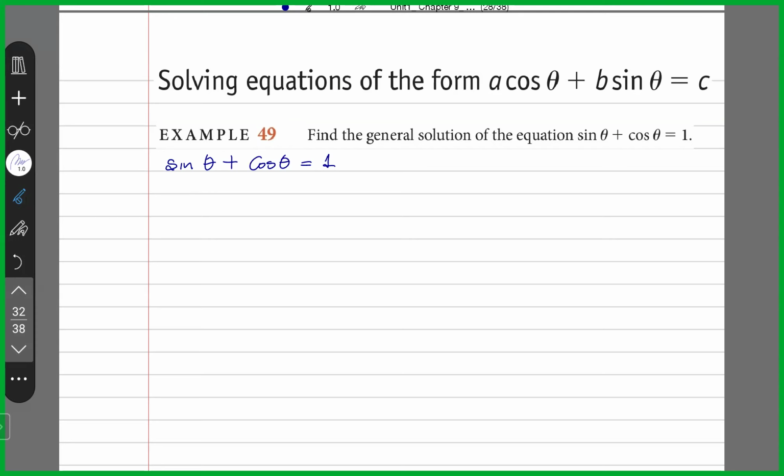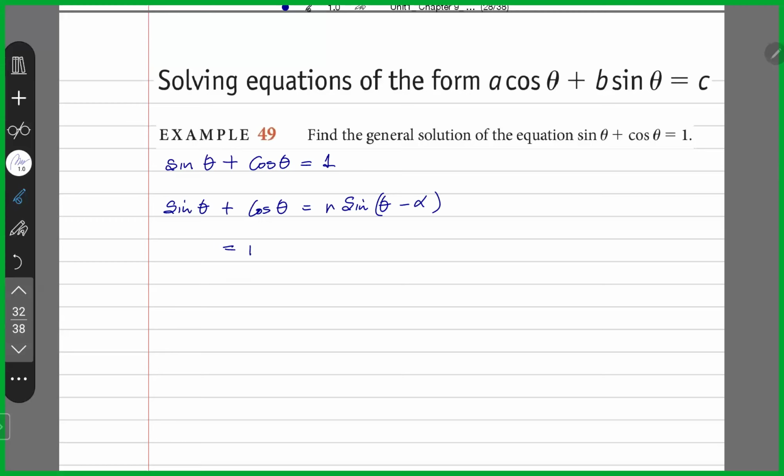All right, one way I can approach this, and that is what the caption is suggesting, is that I should first write this in the form r sin(theta minus alpha). So let's expand.